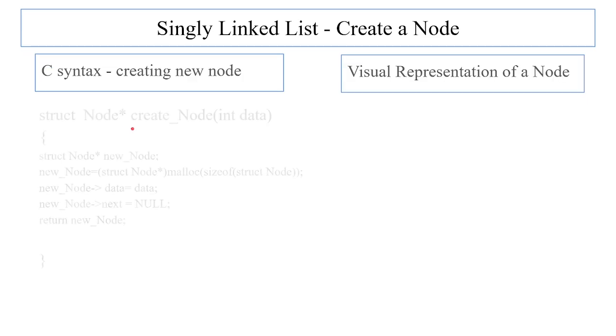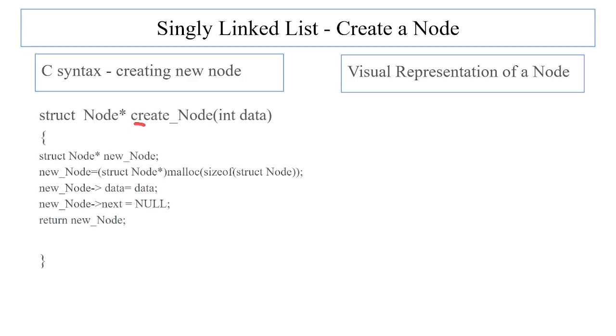To create a new node, first we create a function called create node with respect to data. Now this new node will be created, and memory is allocated to the new node based upon the structure of the node. The node consists of two fields, a data field and a next field.